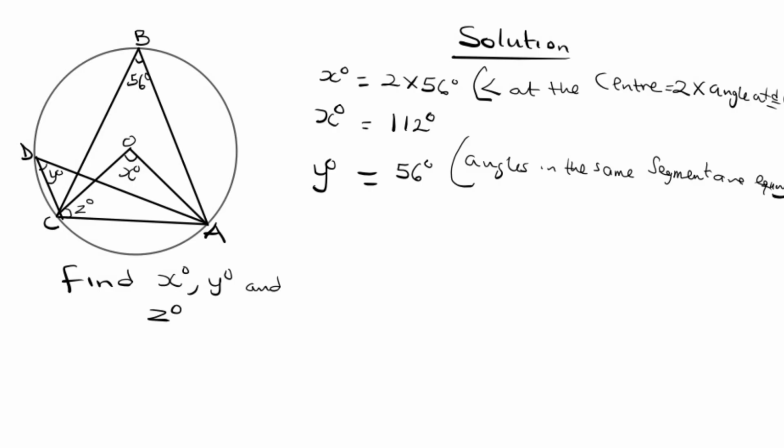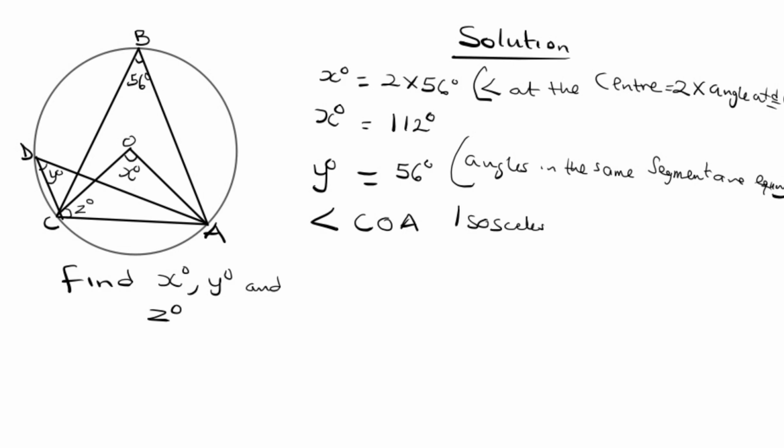Now the value of z. We want to find this z degree. Again, if you observe the triangle COA, what's the name of this triangle? The name is isosceles triangle. Understood? Now how did I know that it's an isosceles triangle? If you look at this line CO, it's from the center touching the circumference.